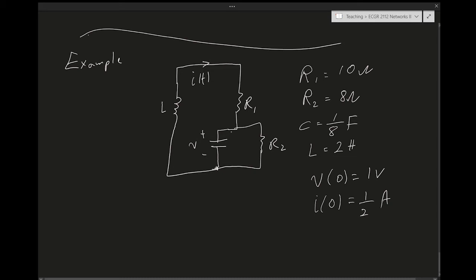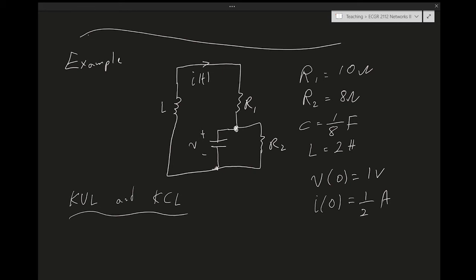All right, so we want to get the differential equation representing this circuit. So we could apply both KVL and KCL. Whatever method you want to use has to be a method that makes sense, of course, but you can utilize whatever method you want to get the differential equation.